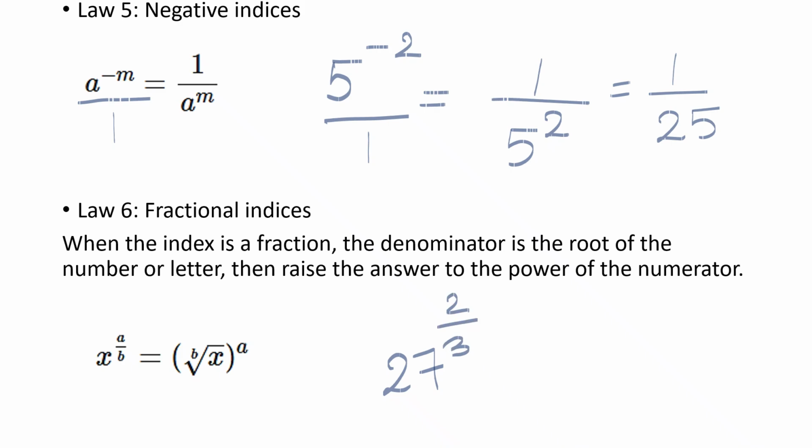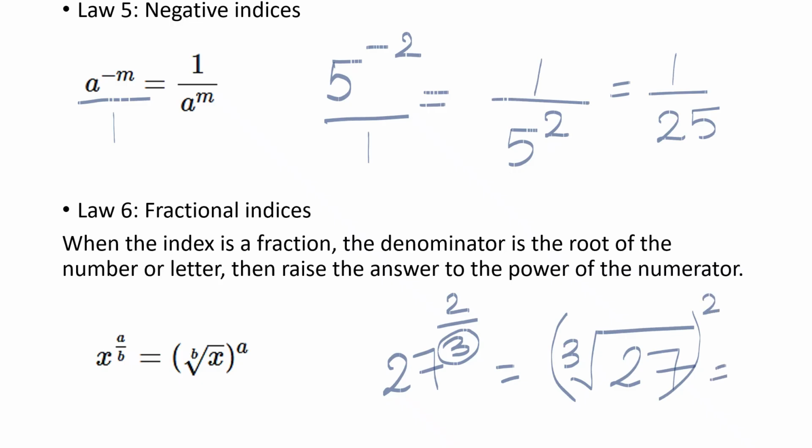Now how will this work out? You will write 27 in the root. Now denominator is 3, so it will become the root. So it will be 3 and 2 will become a power, so that will be this way. Now first you will solve this out.